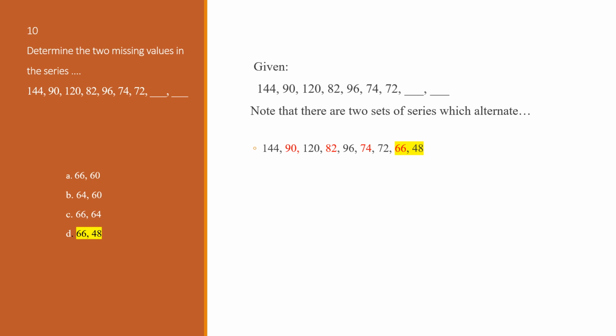So that's the first series. The second series would be those in red. So we begin with 90 minus 8, that would be 82, and then minus 8 would be 74, minus 8 will be 66. So our answer for this item will be the pair 66 and 48.